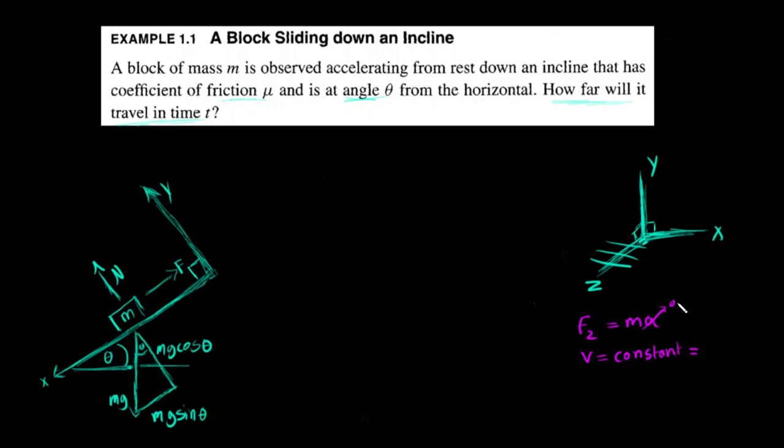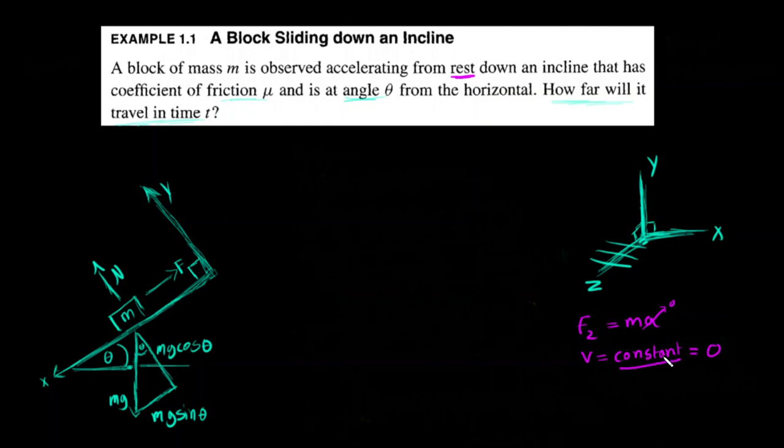Because if the velocity is constant, and we see what it says in the question, from rest means from a place of not moving, right? So what's the velocity if the object is not moving? It's obviously 0. The velocity is constant, therefore the velocity is equal to 0.